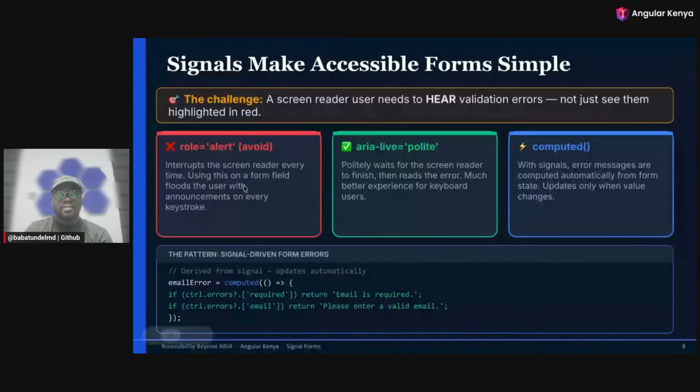And using this on your form field floods the user with announcements on every keystroke. The best way to look at it is by making your aria-live polite. So it politely waits for the screen reader to finish and then reads the error. Much better experience for keyboard users.